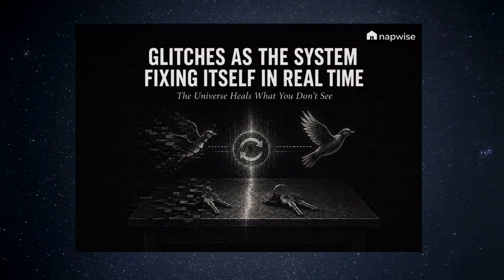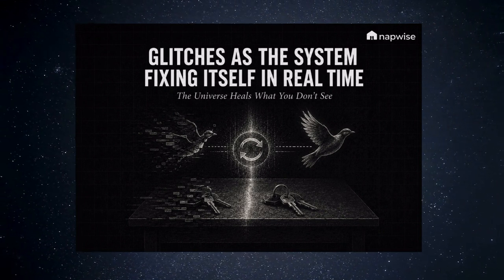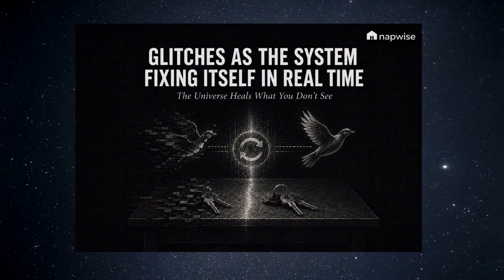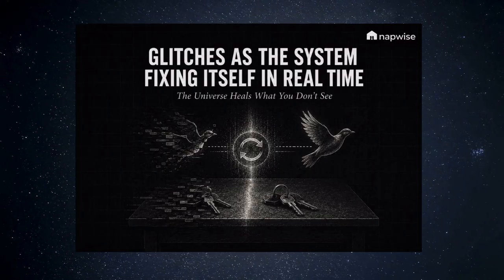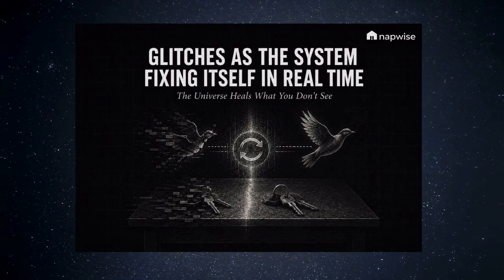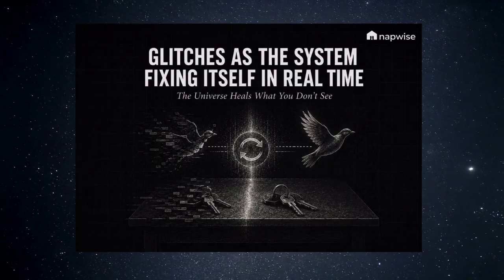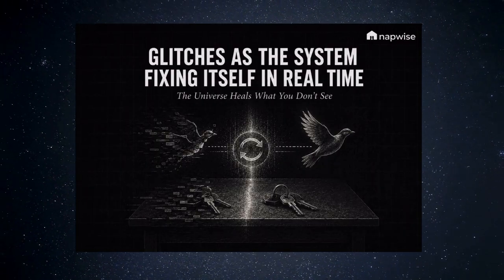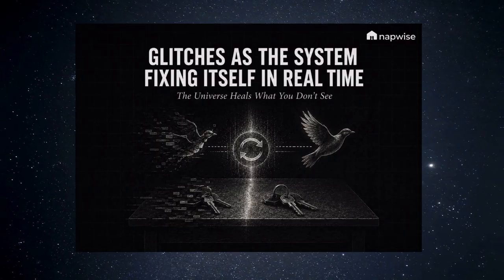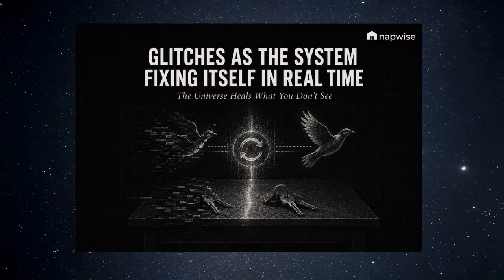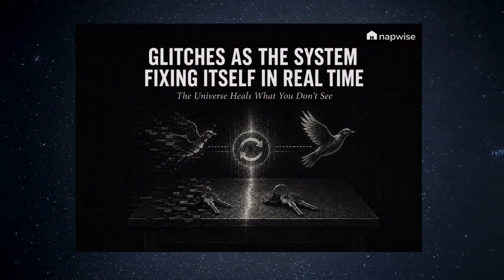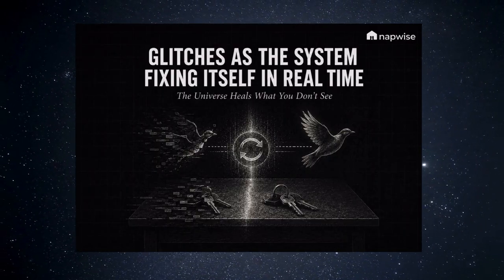The simulation runs a continuous background error correction process, catching anomalies before they propagate, resetting coordinates, smoothing the surface of reality so it appears seamless by the time your conscious mind finishes processing the frame. When you catch something wrong, you're catching the repair in progress, the universe stitching a small tear before it widens.